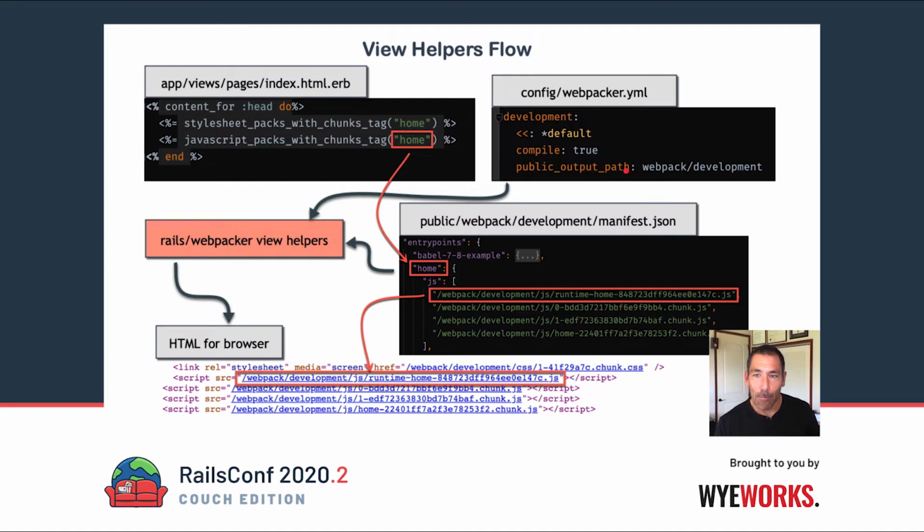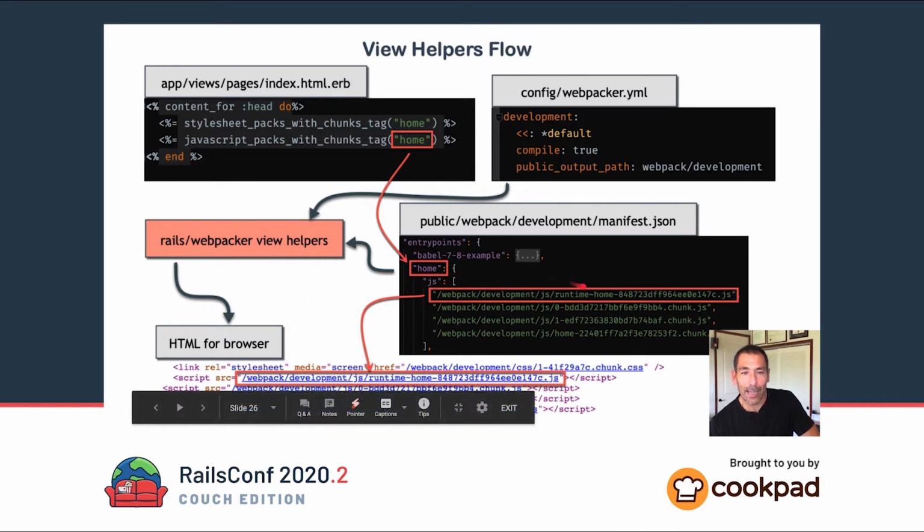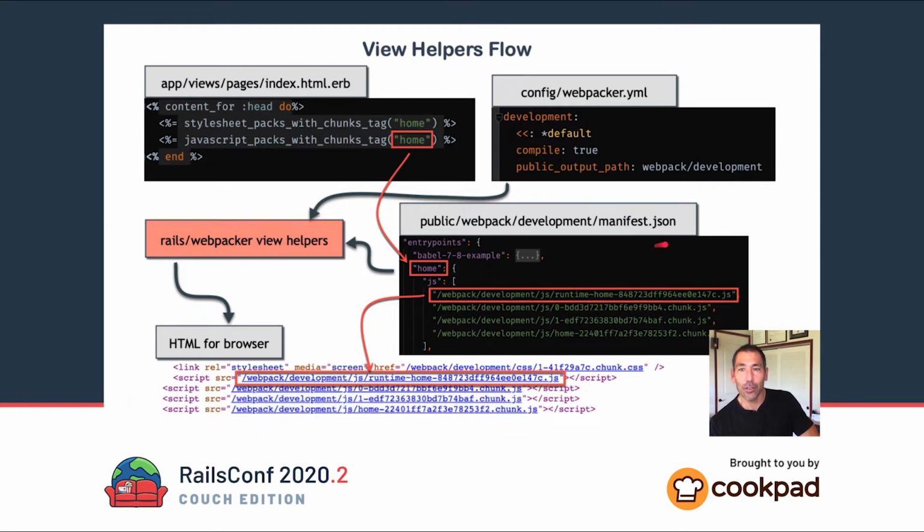We've got the public output path from the YAML file that feeds into the view helpers, and that results in the HTML for the browser. And as I just showed you a second ago, that HTML in the browser shows this Webpack development JS runtime home that corresponds right there to this manifest JSON, and that was produced by Webpack. And that's how it all ties together.